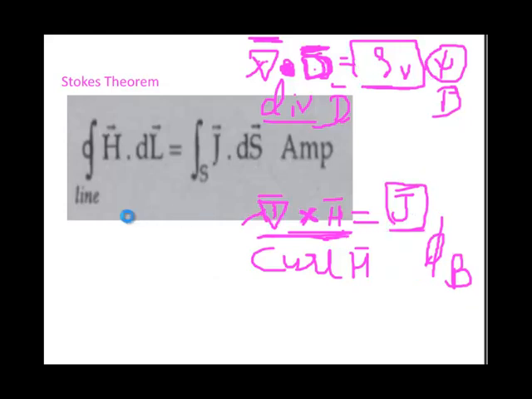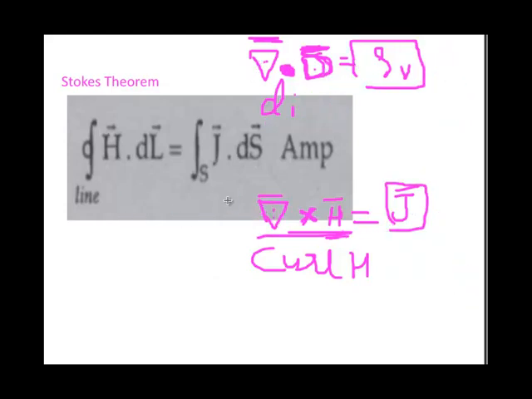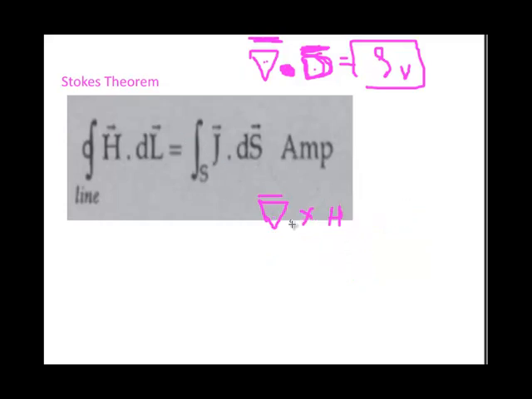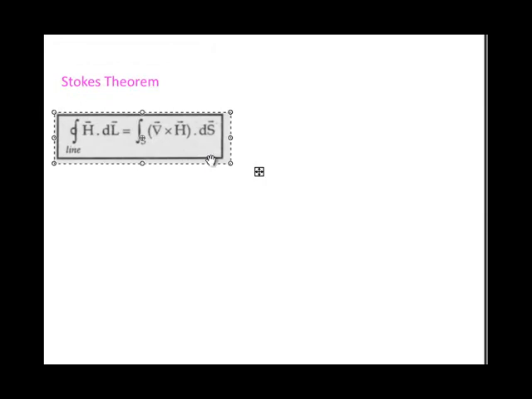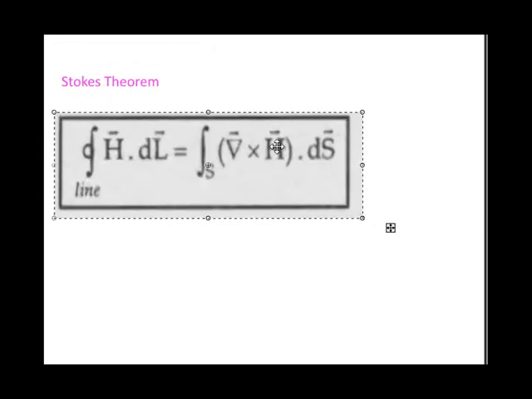So if we replace this J with del cross H, then the formula will become like this. The J is replaced with del cross H.